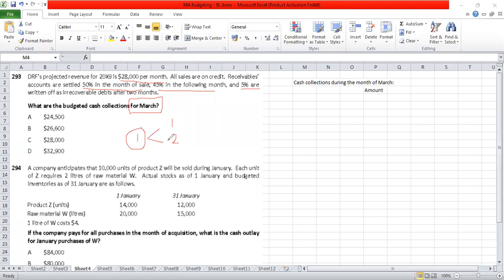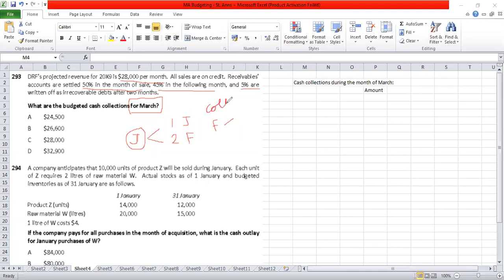If they make sales in January, the collections will be there in January and February as well. That is the point here. So if they make sales in 1 month, they will collect the amount in the same month and in the next month. So if we are talking about collection, February will collect February month's collection. This is collection.